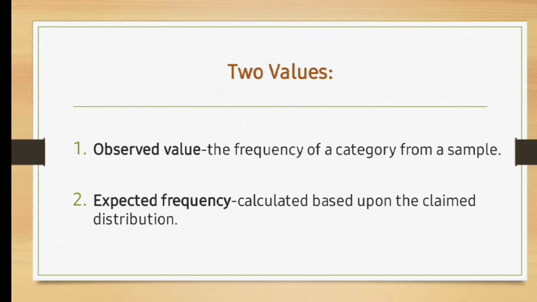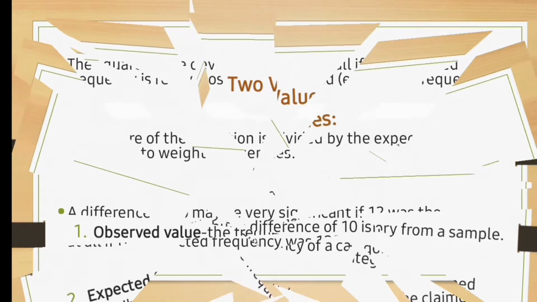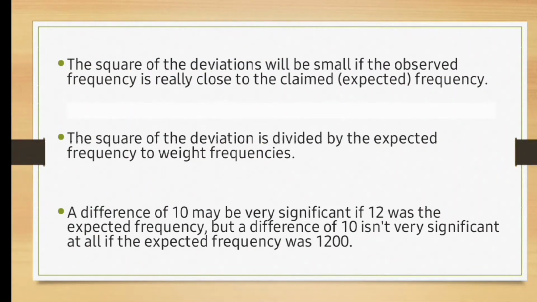The derivation of the formula is very similar to that of the variance. The idea is that if the observed frequency is really close to the claimed or the expected frequency, then the square of the deviations will be small.